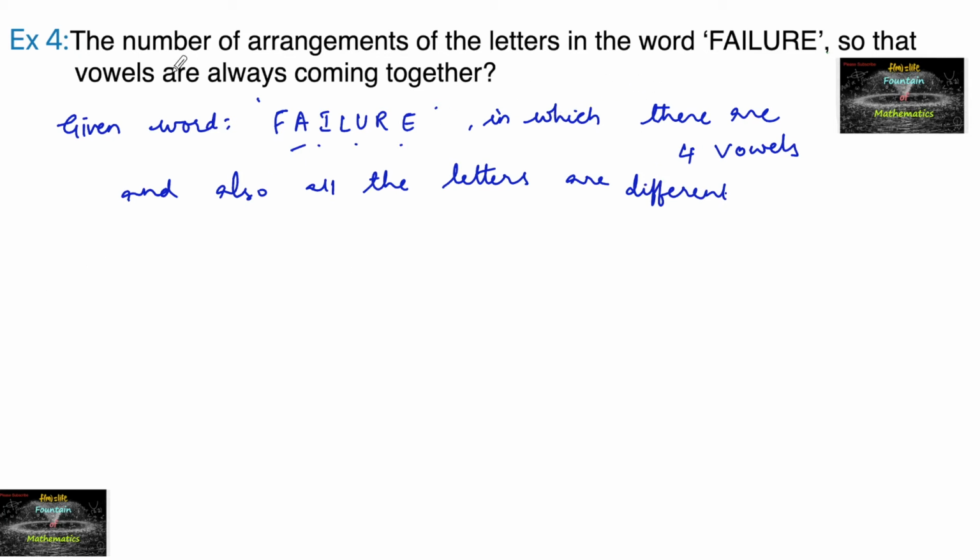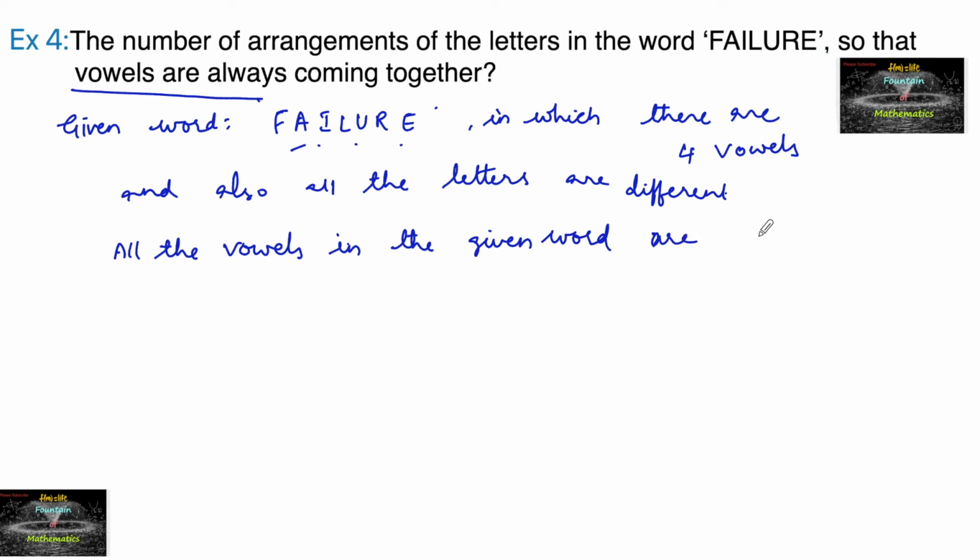Our question is that we need the number of arrangements of the letters in the word failure with vowels always coming together. So all the vowels in the given word are A, E, I and U. So 4 are there, and we need to find the arrangements in which all these vowels must be together.